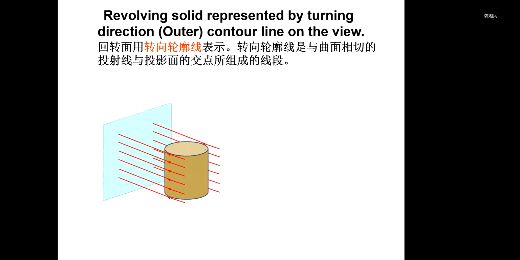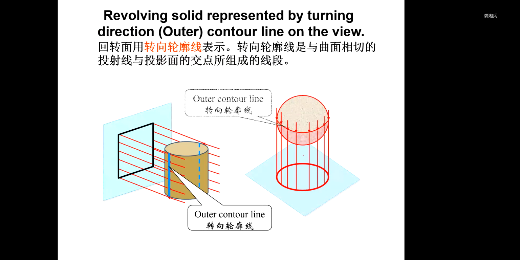From this one, you can get this. So this is the tangent line. This one is the outline. So you can use this line to turn around. Another one is the outline. You use this circle to turn around.